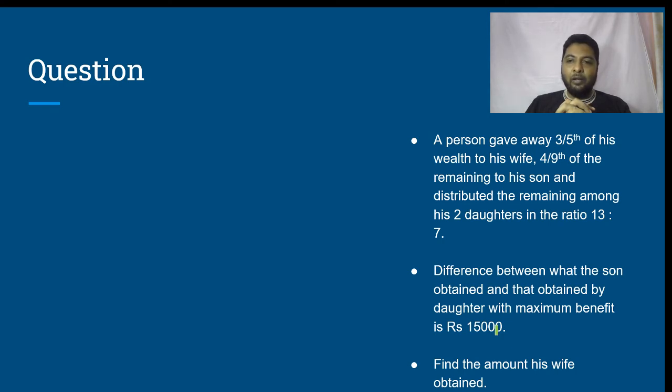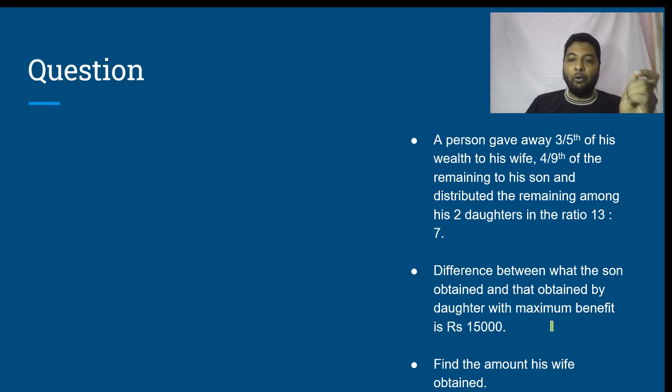The difference between what the son obtained and that obtained by the daughter with maximum benefit is rupees 15,000.